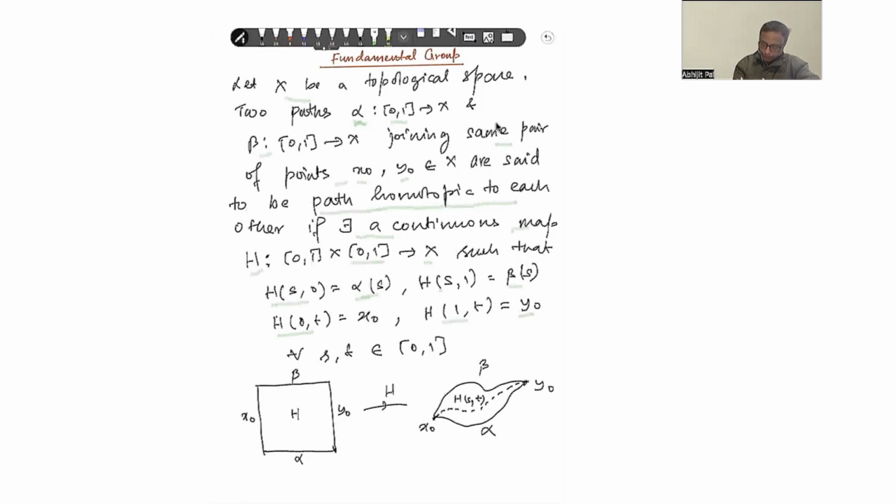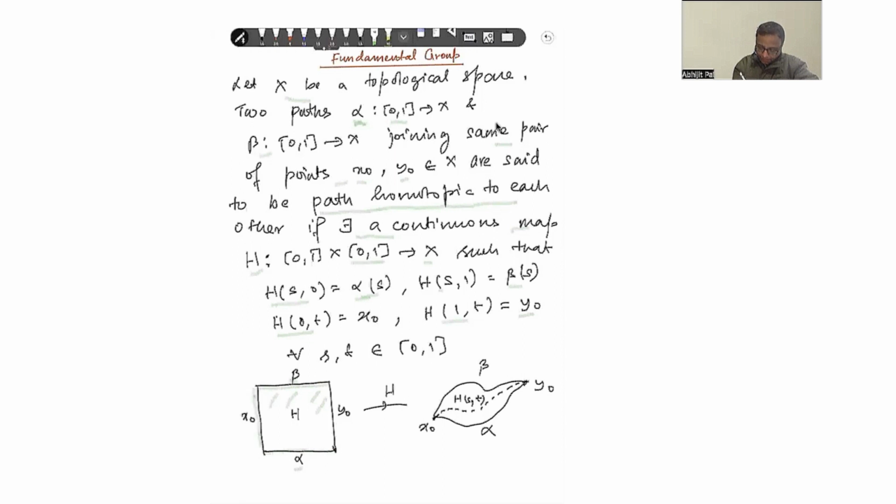If I draw a picture, this is the schematic diagram of this homotopy. This H is called the path homotopy. We have this unit square here, and at the bottom, H(s,0) is alpha, so I have written alpha here, and at the top, H(s,1) is beta, that's why I have written beta here.